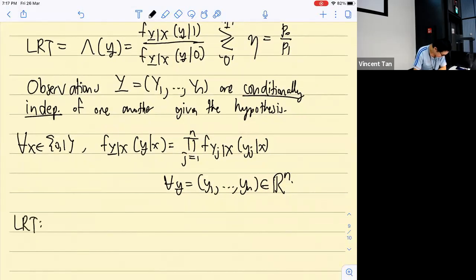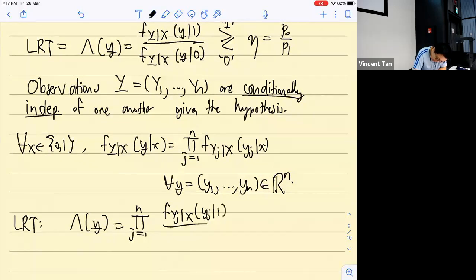And the likelihood ratio test now becomes lambda of y equals the product over j running from 1 to n of f of yj given x equals 1, it's better to have 1 on top, over f of yj given x equals 0, compared to eta. And on top, we will declare 1.